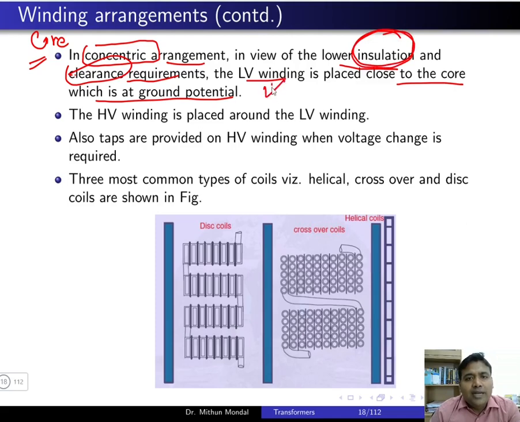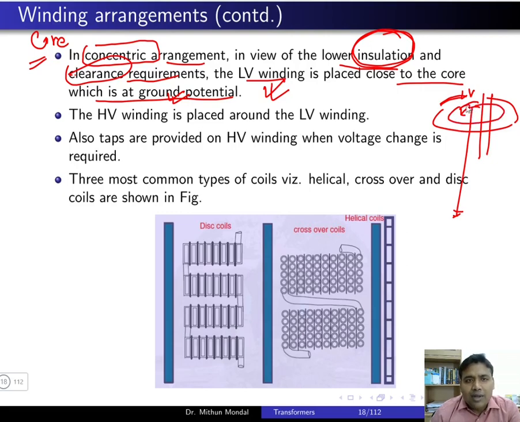The low voltage winding near the core is grounded, and the high voltage winding will come outside. So this is the high voltage winding and this is the low voltage winding.